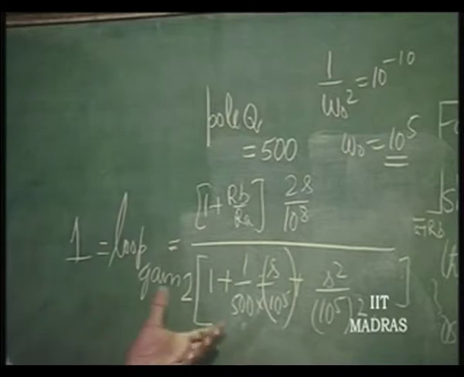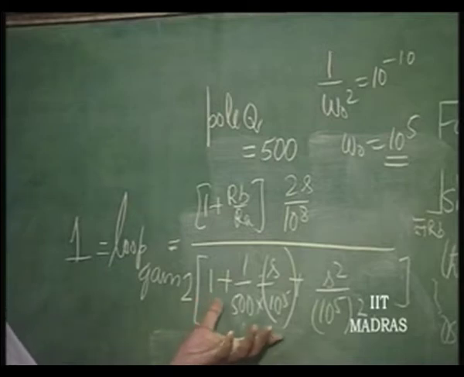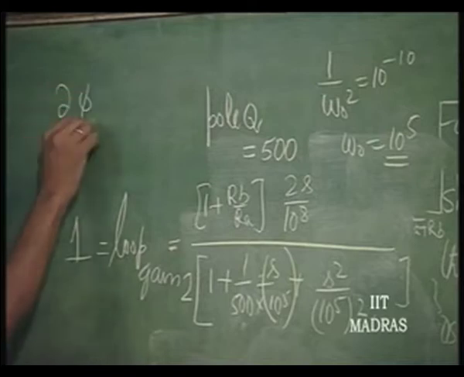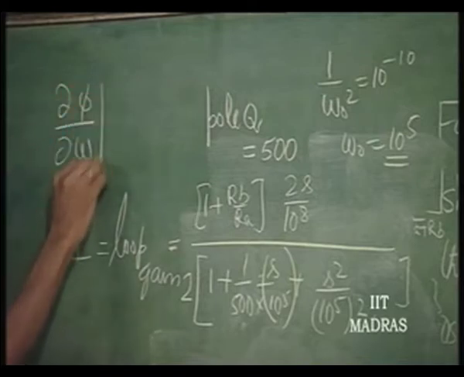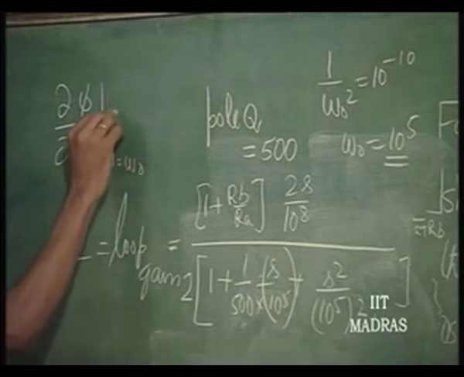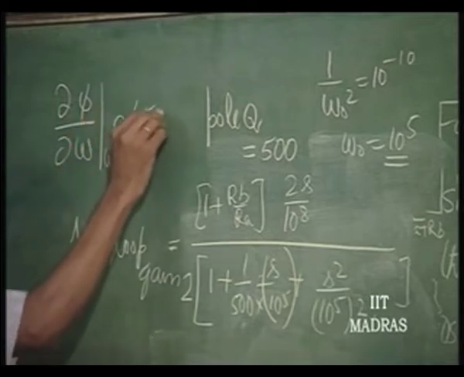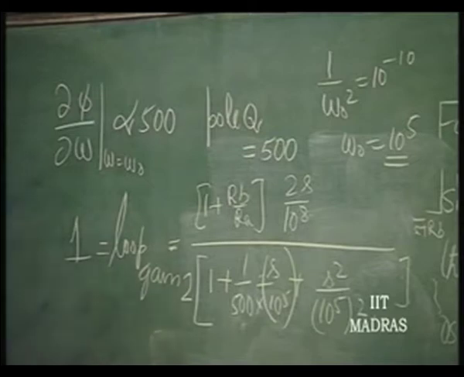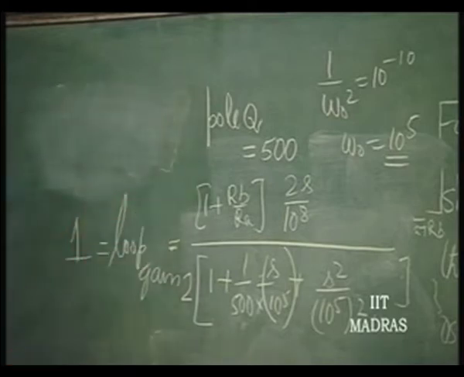That means, the variation in phase here, okay, with respect to frequency delta phi by delta omega in this case is going to be around omega equal to omega naught directly proportional to 500. It is a huge quantity, right. How do I really determine that? Right? You can now find out the phase of this network, okay.